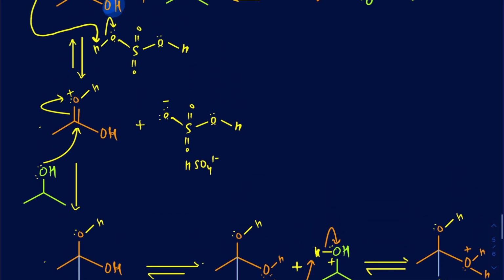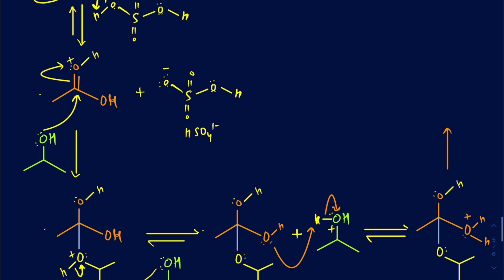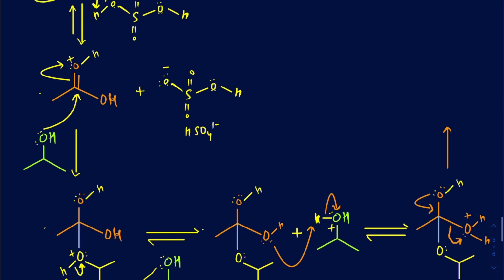So now what I really want to do is I can go ahead and use my lone pair on the oxygen. So remember this oxygen has actually two lone pairs. I've been drawing only one. So when I go back and have this lone pair going back in there, this will get knocked out. So once this gets knocked out, we will end up getting, probably I can just draw that, an oxygen there.